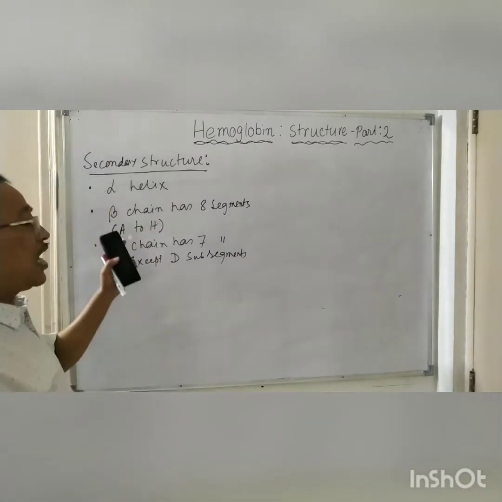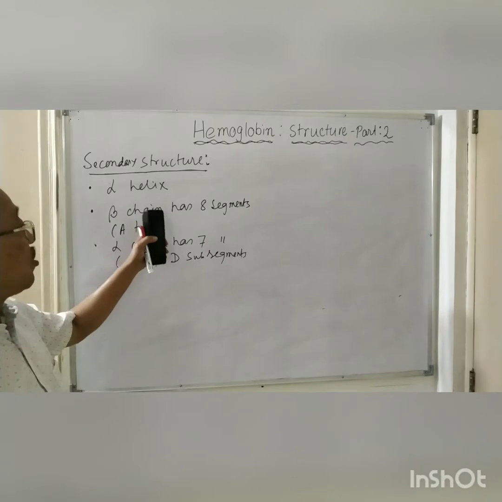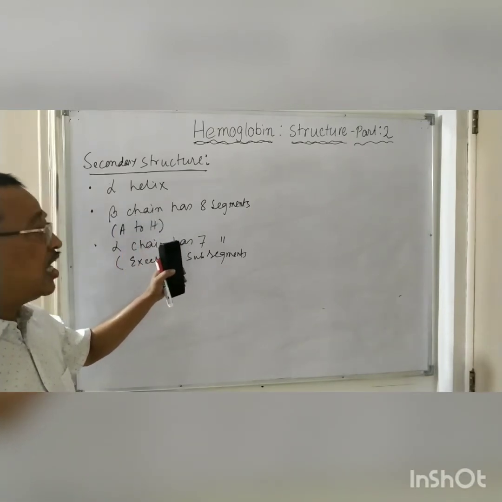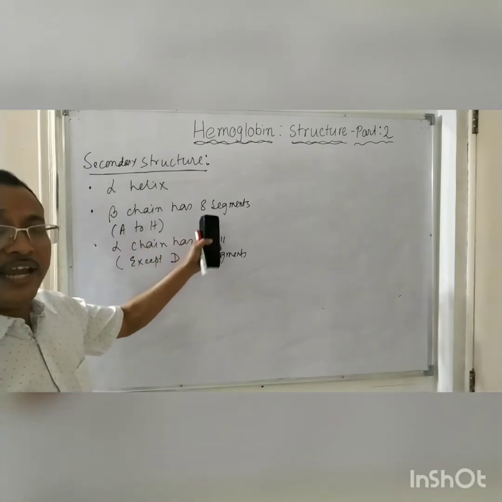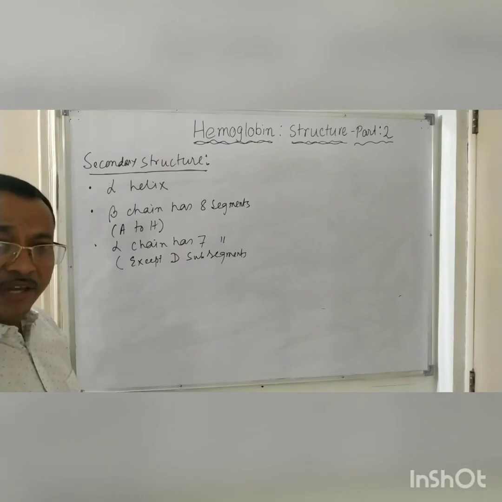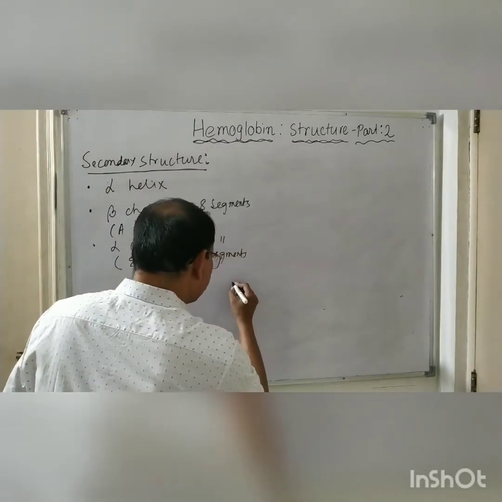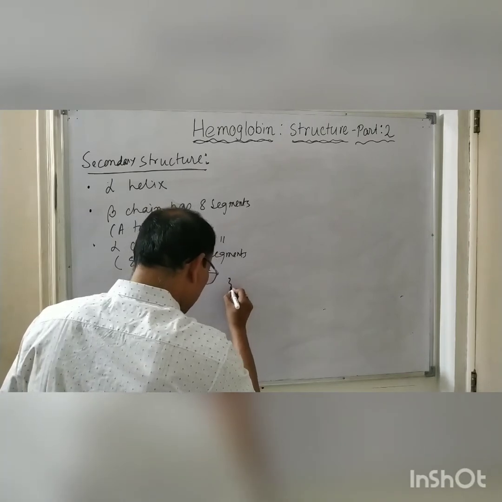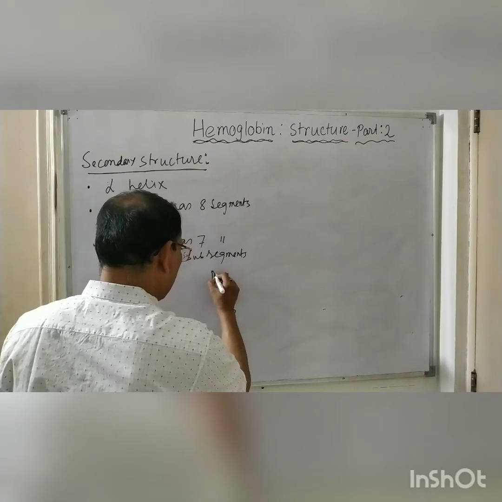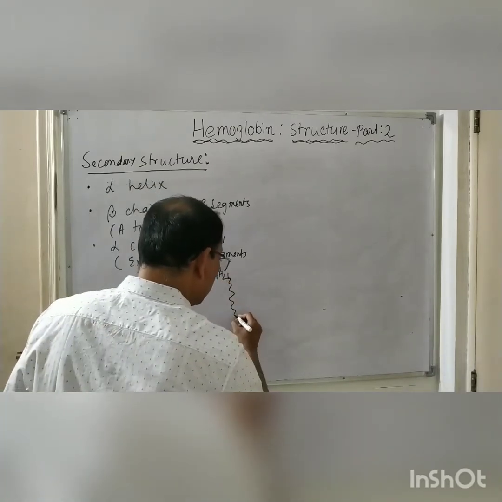So each of the alpha chain or the beta chain is alpha helical in structure; the beta chain has 8 subsegments, and the alpha chain has 7. Suppose this is the alpha helix, and here is the NH2, the amino terminal group.